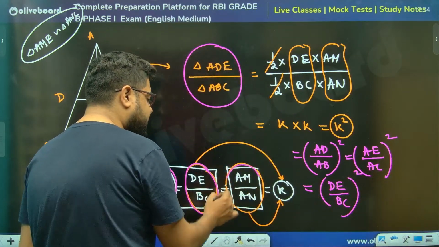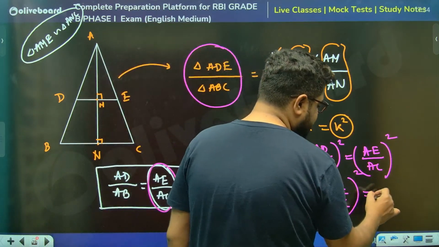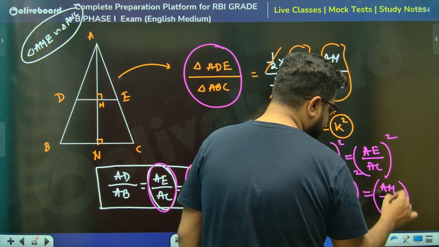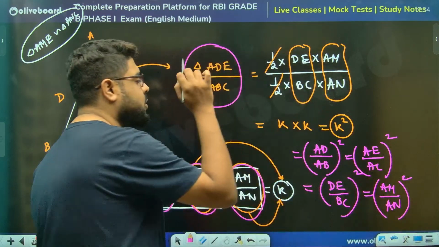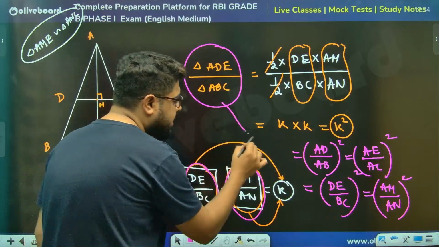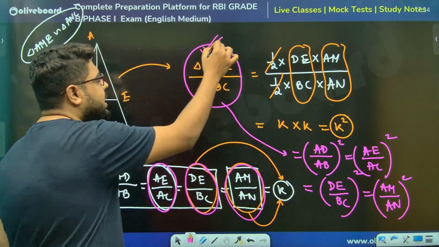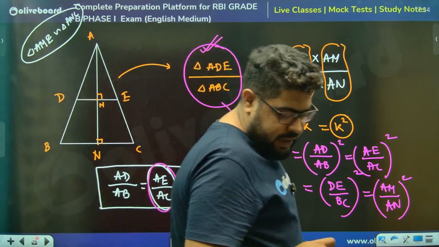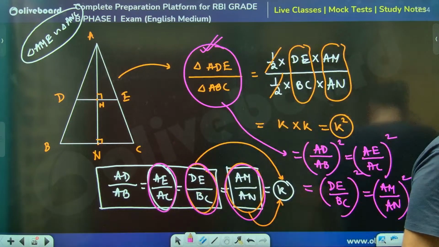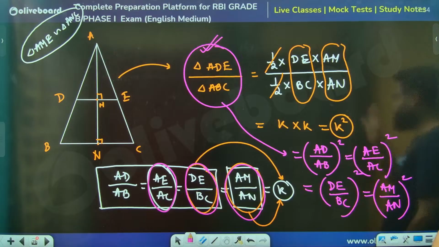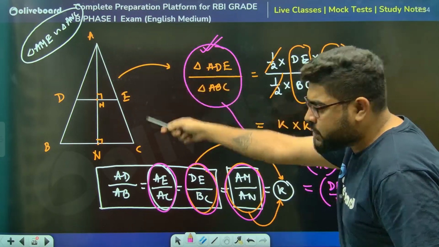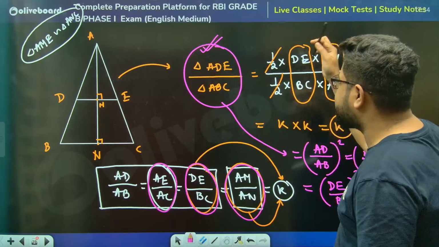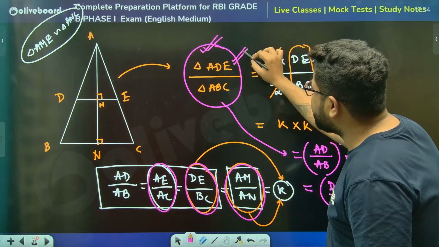Or AM by AN, the heights, take the square of that, that is also the ratio of the areas of these two triangles. So the conclusion is, any two corresponding sides you take the ratio of, take the square of that, that's always the ratio of areas.